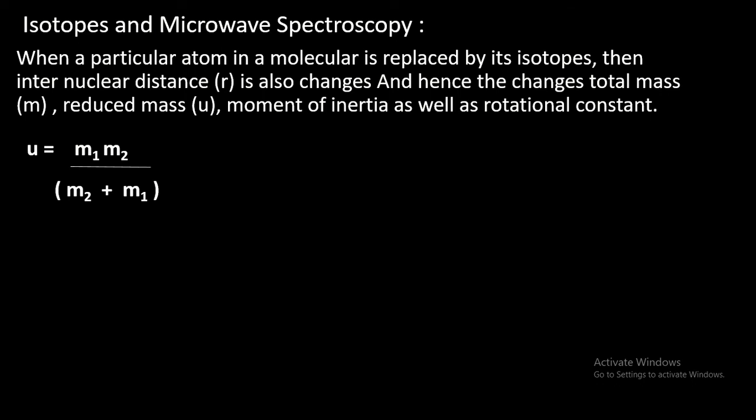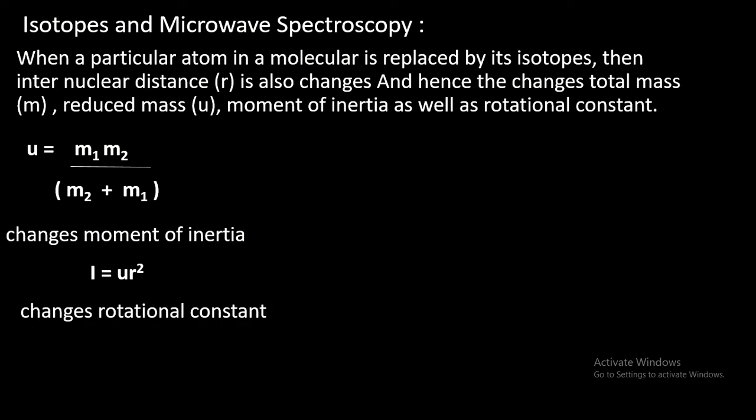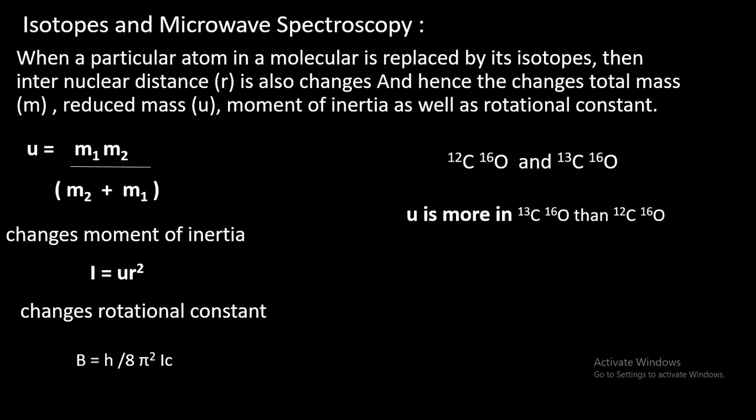Therefore, reduced mass mu equal to m1 m2 upon m1 plus m2. The moment of inertia is I equal to mu r square. The rotational constant is B equal to h upon 8 pi square I c. The moment of inertia is directly proportional to the reduced mass, and the rotational constant is inversely proportional to the moment of inertia. For heavy isotopes, the reduced mass is more. Therefore, the moment of inertia is also more, but the rotational constant is less.